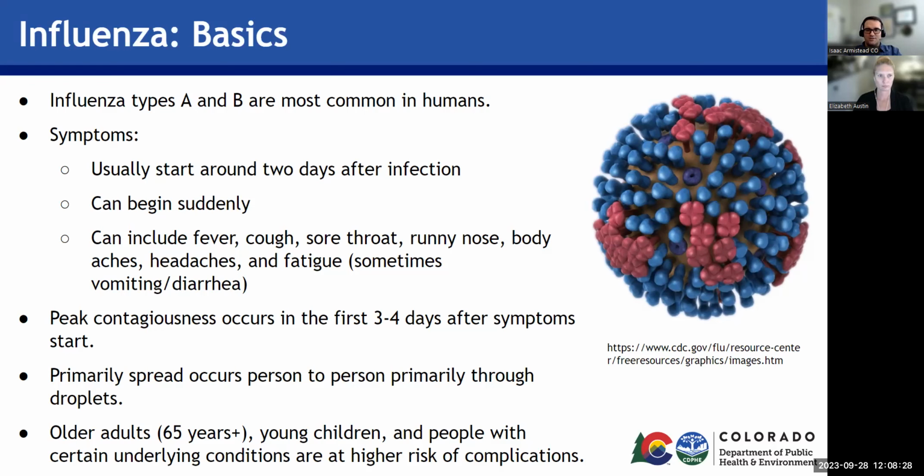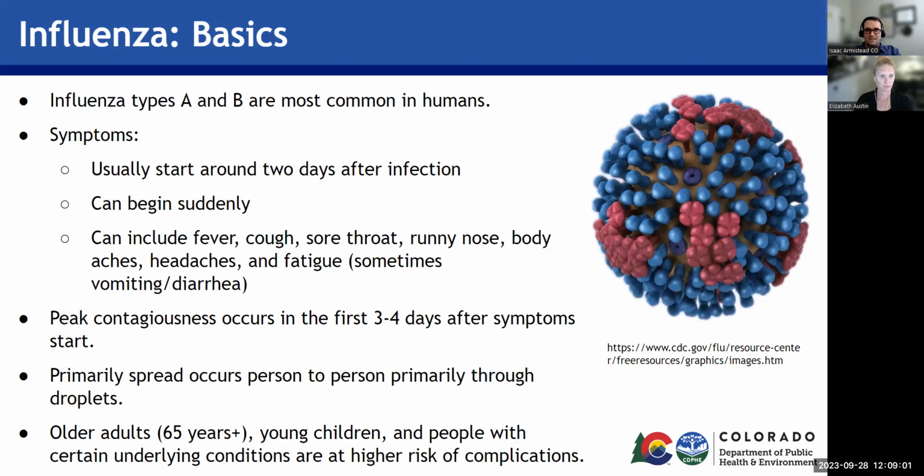And also important to remember that primarily the spread of influenza occurs person to person, primarily, you can see we're really emphasizing primarily here, through droplets, virus-containing droplets, as opposed to contaminated surfaces or airborne particles. Those can be methods of transmission, but they're not thought to be the primary method by which influenza virus spreads.